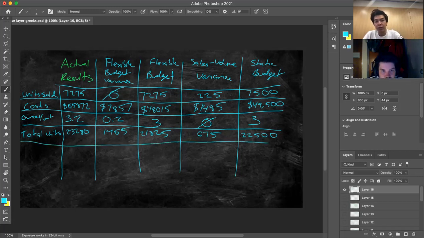So now that we've done that row, what other rows can we do? We have total cost, we have total units, therefore we could do cost per unit. So for the total units, you just multiply the ounces per unit times 7275? Yeah.